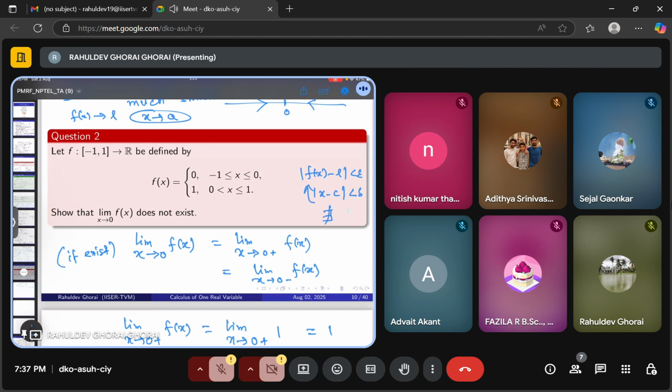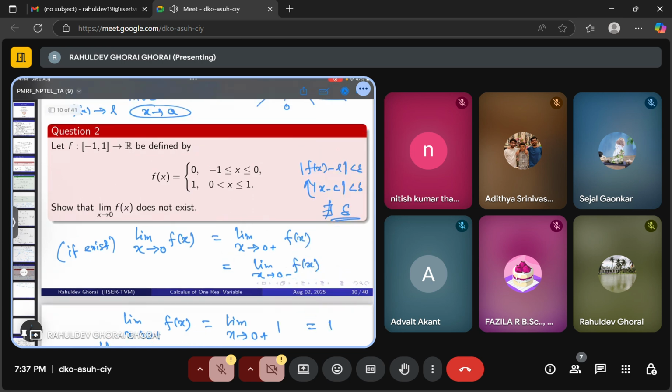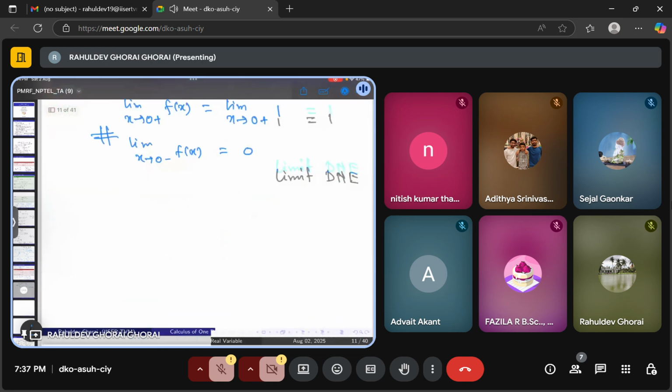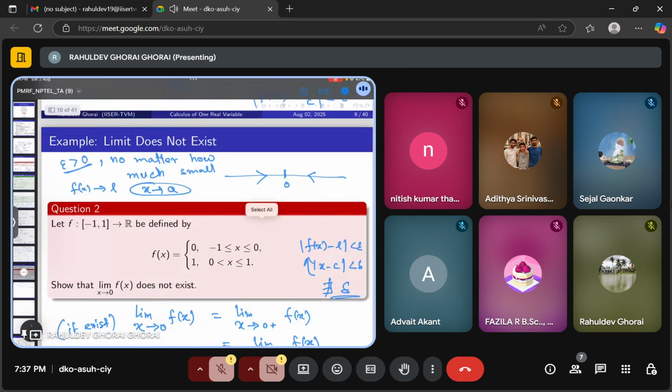There does not exist a delta. That type of thing you have to do here. But how do you do this here? It was easy using left limit and right limit, right? So do you have any idea, or should I start?